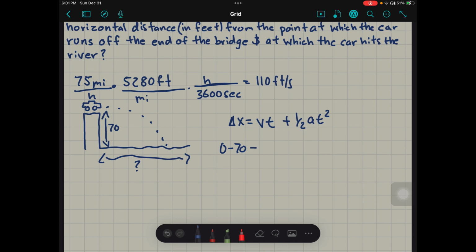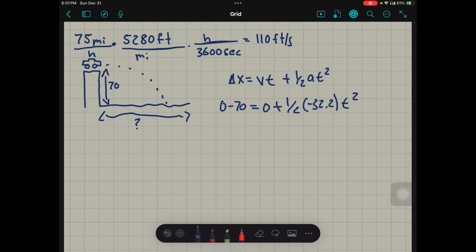Then we can set that equal to 0 because there was no velocity in the y direction, and add that to 1/2 times negative 32.2 t squared. Now we can carry this negative 70 over. So we have a final equation of 1/2 times negative 32.2 t squared plus 70.